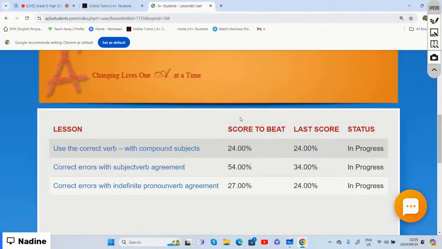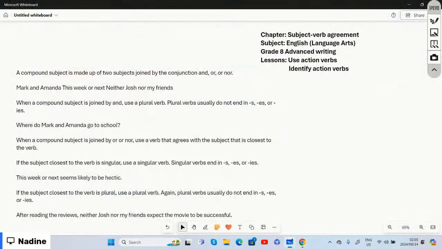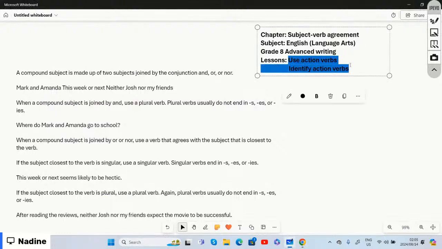All right. So we see that the chapter is subject verb agreement.